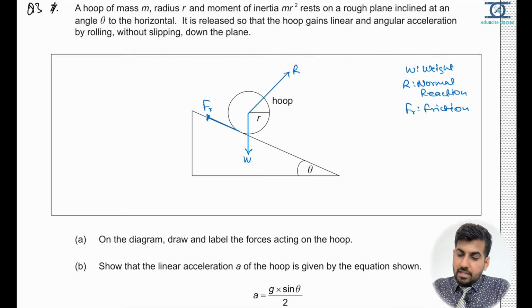Now show that the linear acceleration a of the hoop is given by this equation. Let us say this is moving with an acceleration a. So I will use the equations for linear motion, Newton's law, as well as for rotation.